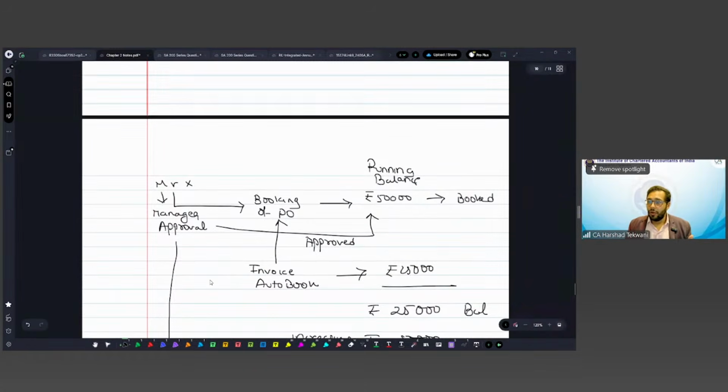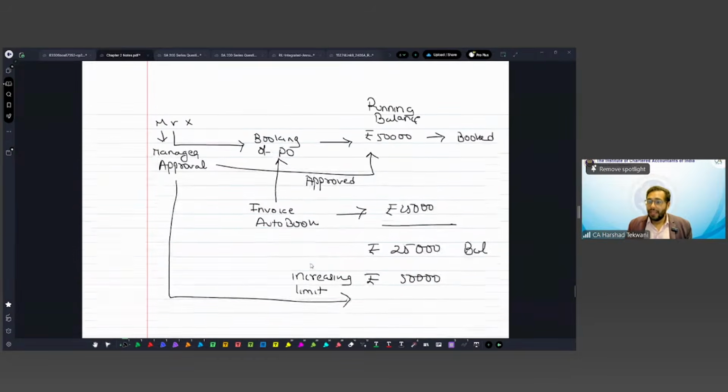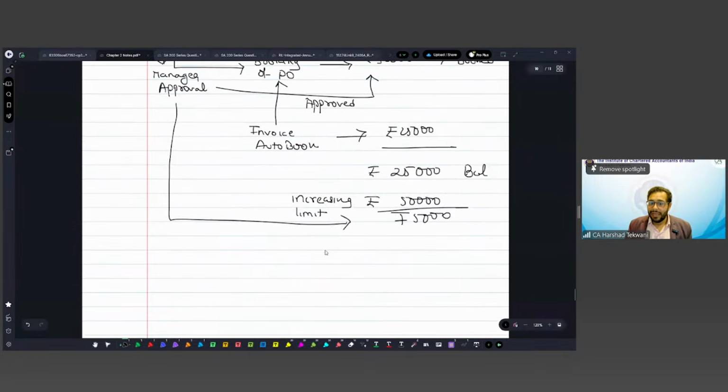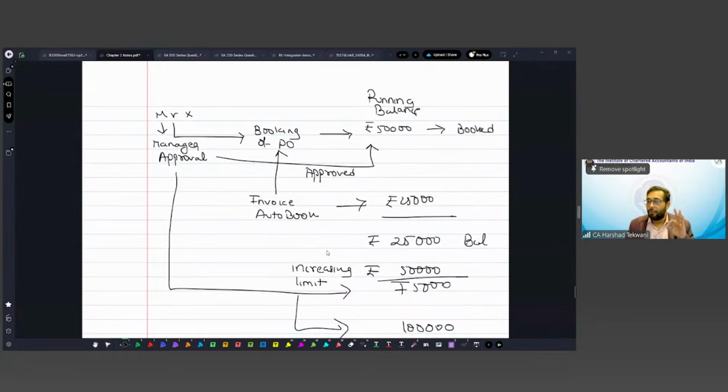He was again increasing the limit in that purchase order, by 50,000 every time. So it went to 75,000. Then again he increased the limit, and made it 1 lakh rupees. This way, he made the limit of that purchase order 20 lakh rupees. Every day, every week, he was increasing the limit by 50,000. And they were booking invoices in front of that purchase order automatically.